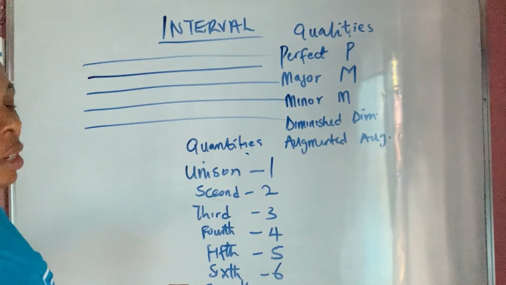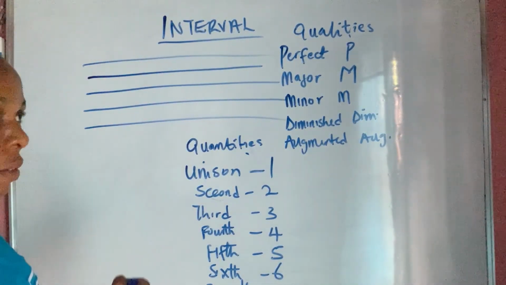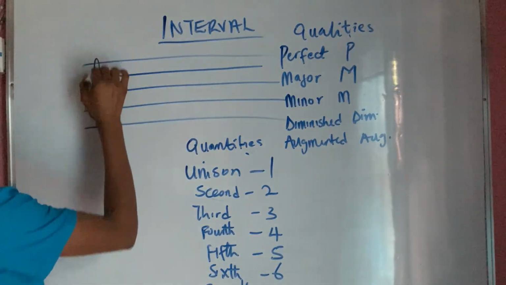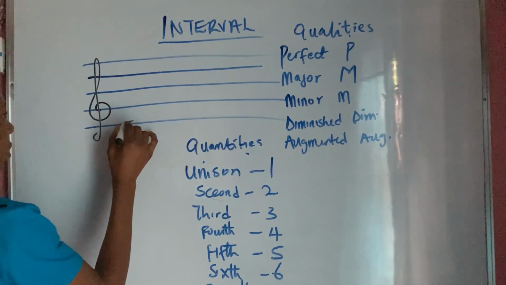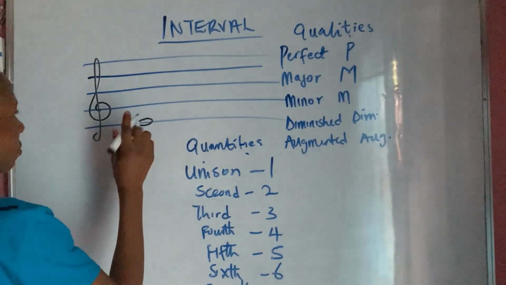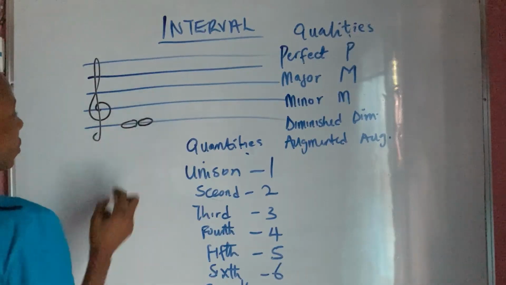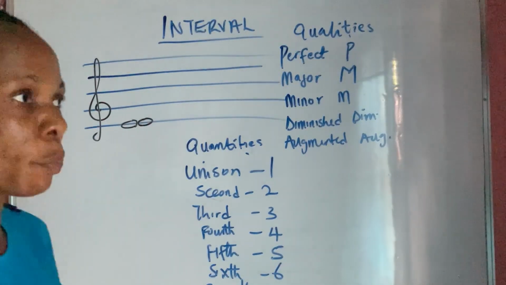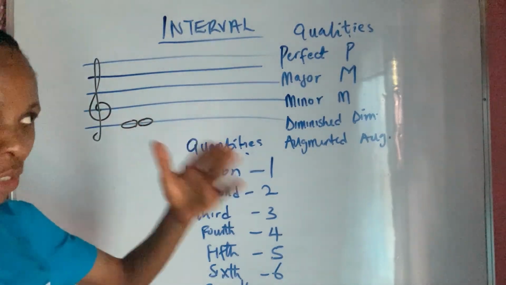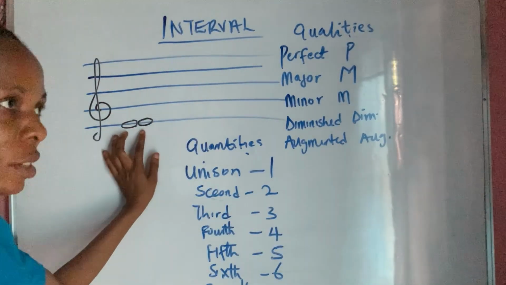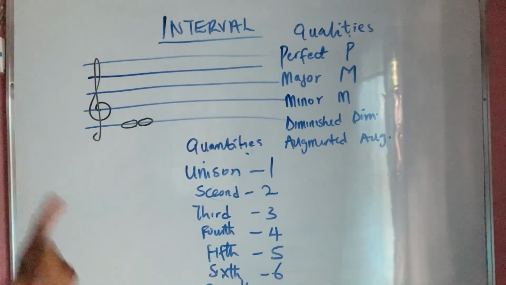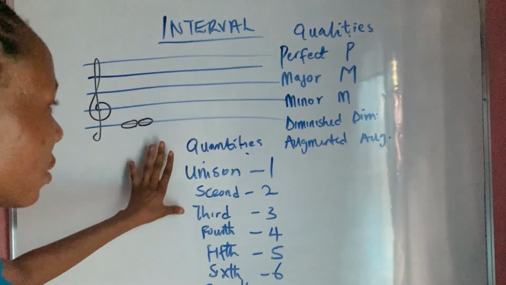Let me use the vertical for now. If we are talking about unison, this is unison, same position, prime, same place, 2 notes, same position. So this is unison 1, same position. I'm now explaining this.